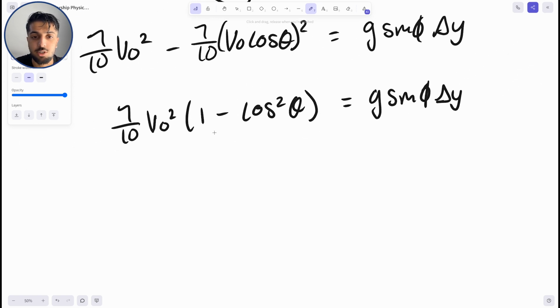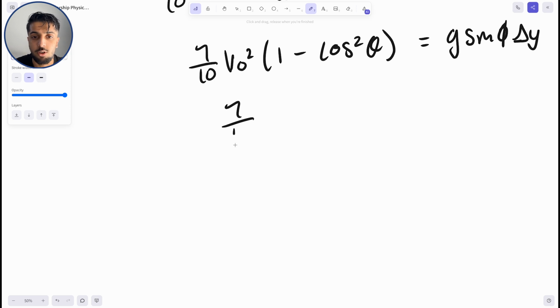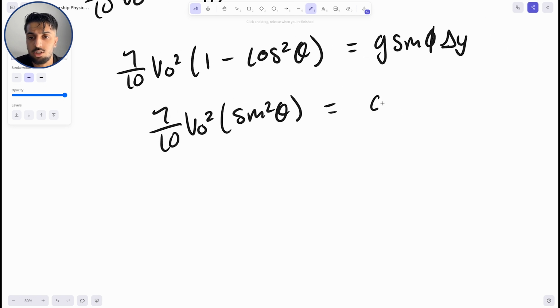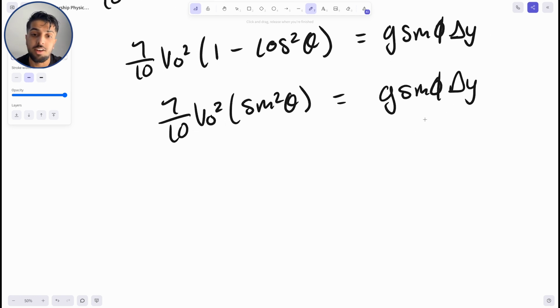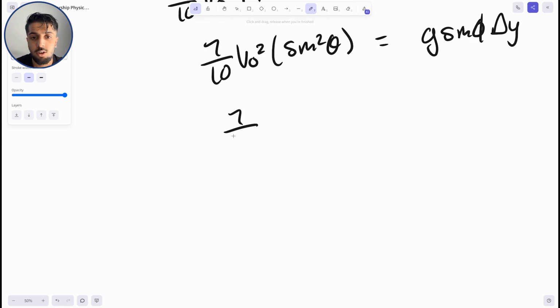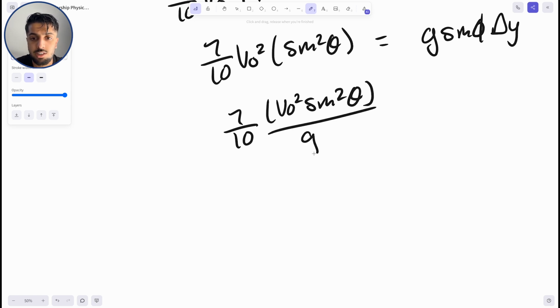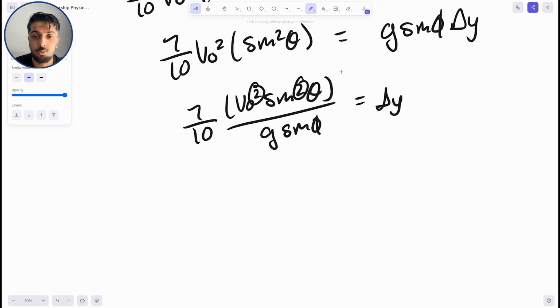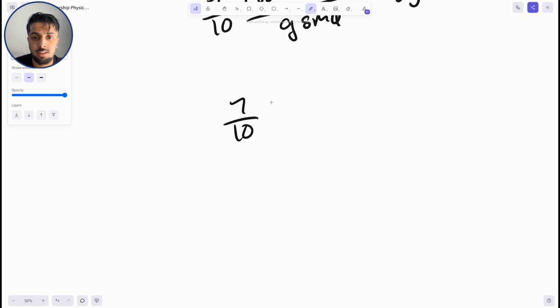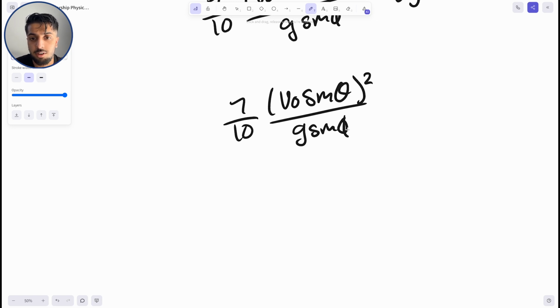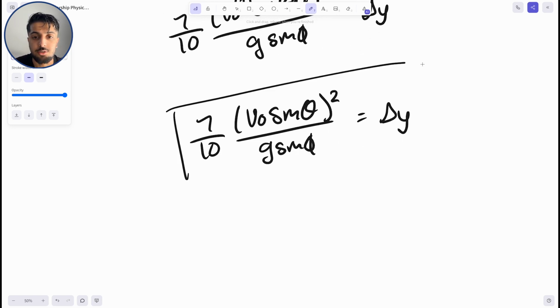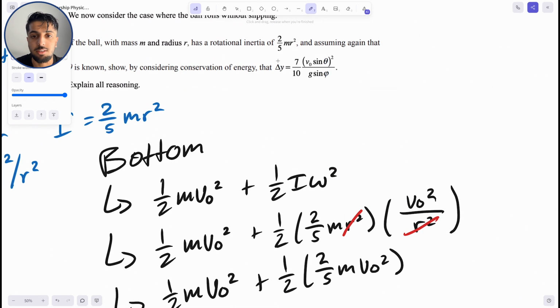As you can see, we have that expression right here, so we can make that substitution. 7 over 10 v0 squared times sine squared theta is equal to g sine phi delta y. Now dividing both sides by g sine phi, we get 7 over 10 v0 squared sine squared theta all over g sine phi is equal to delta y. Now we can simplify this by taking these two squares out here, and we get 7 over 10 v0 sine theta squared all over g sine phi, and that's equal to delta y. As you can see, that is the expression that we are trying to find.